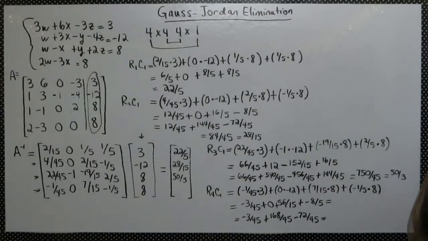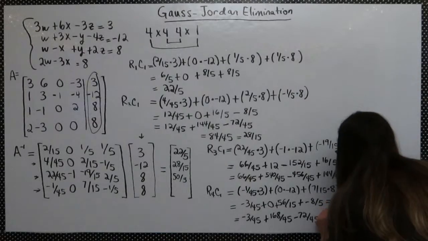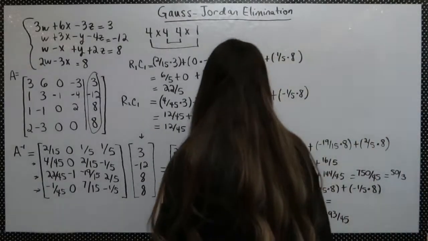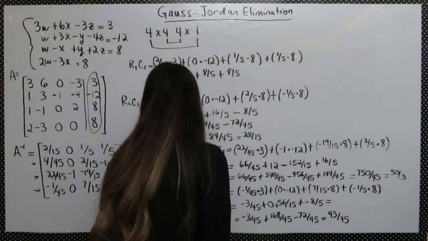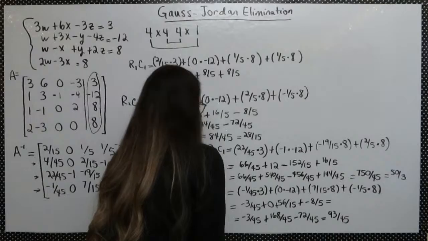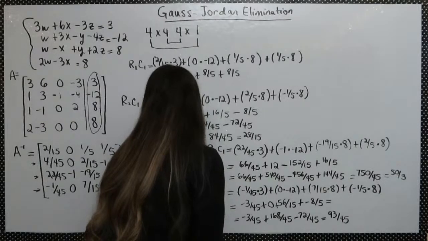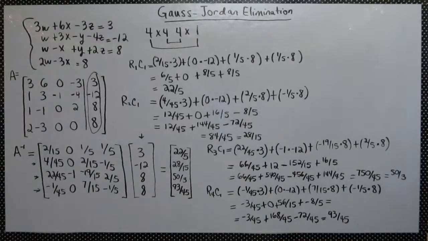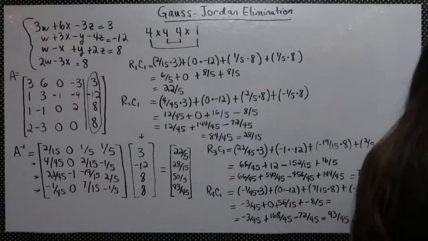Okay, I'm getting 93. So it's going to be positive 93 over 45. So 93 divided by 5, perfect. So that should be that fourth solution. And I don't think that reduces down, but we'll try. Yep, it does. It's 31 over 15.